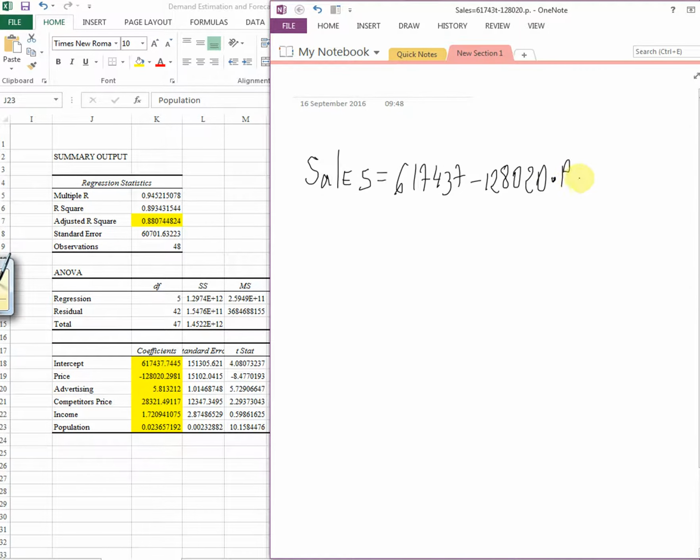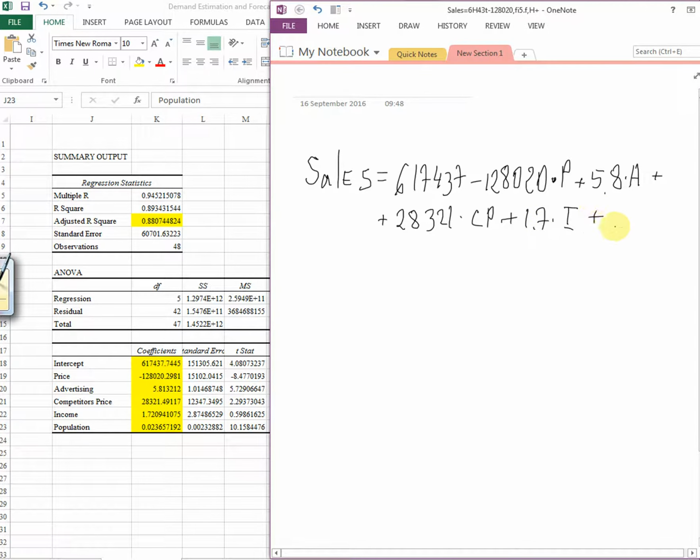Plus 5.8 times advertising A, plus, I'll continue here, 28,321 times the coefficient estimate times the competitor price, CP, plus 1.7 times income, plus the last one is the population times the P.